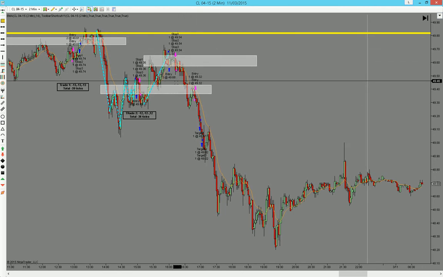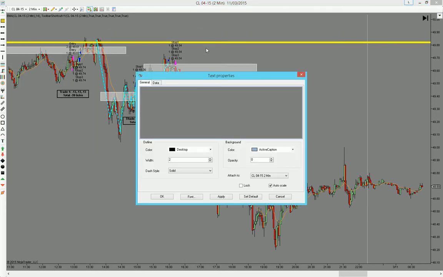Right away there was no follow through. So the third trade of that day, for a total of minus 42 ticks.